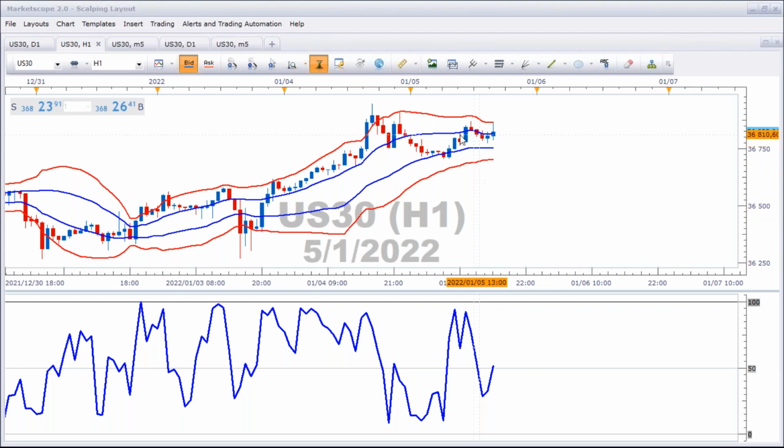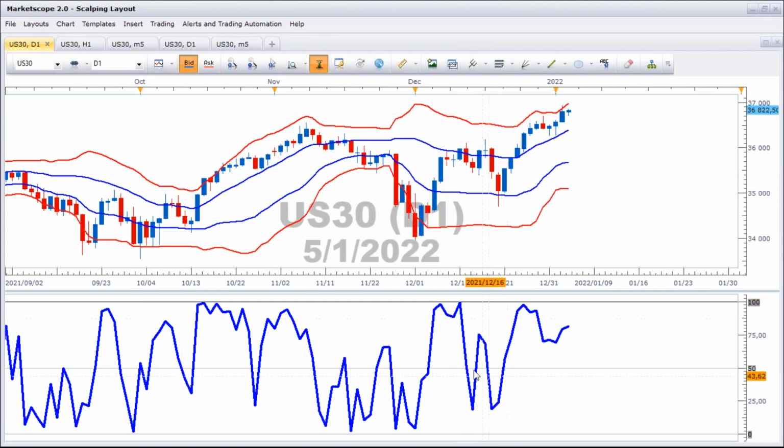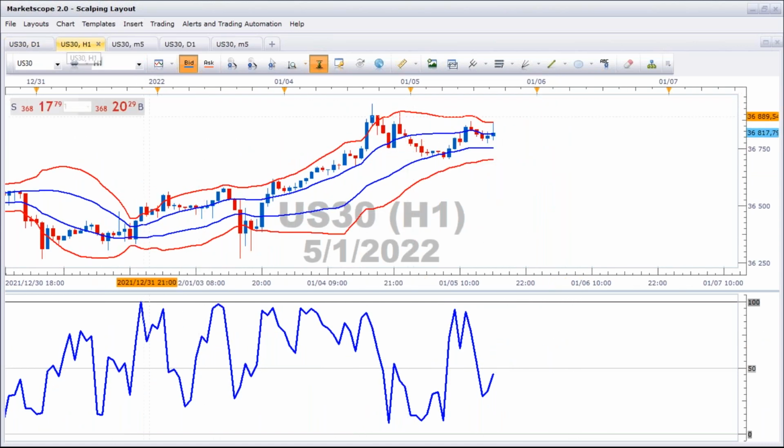The reason is that on the daily, the primary analysis is done of a raw indicator, and the zones are secondary. But on the hourly, the zones are very important. So we want to be in the bullish area. In other words, we're trying to line up the hourly with the daily.